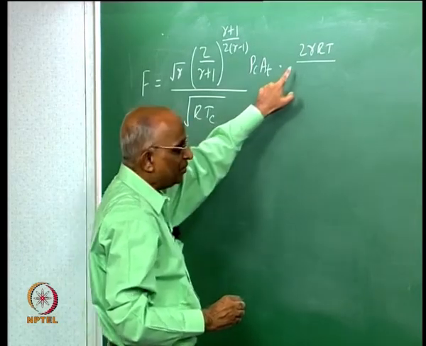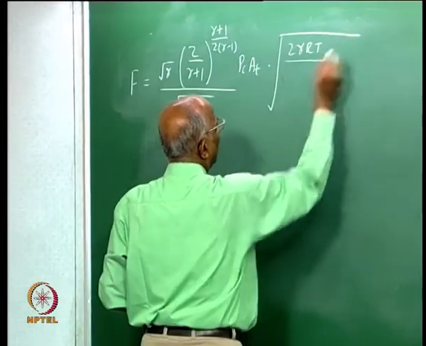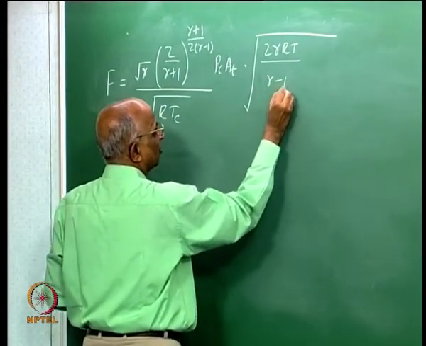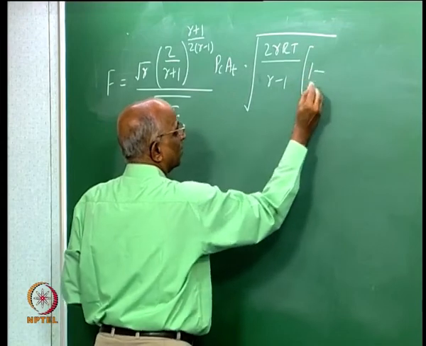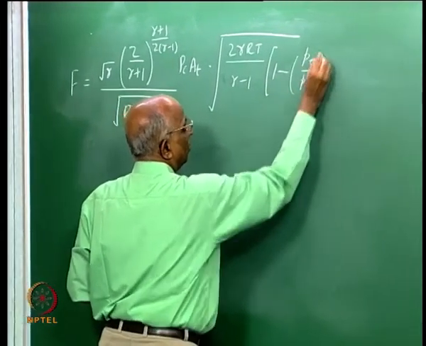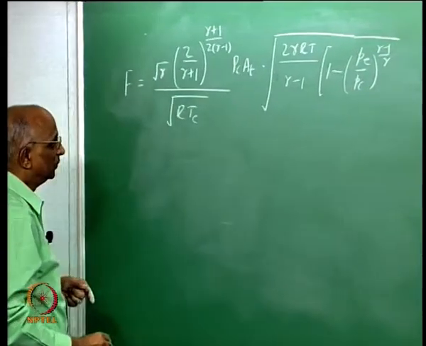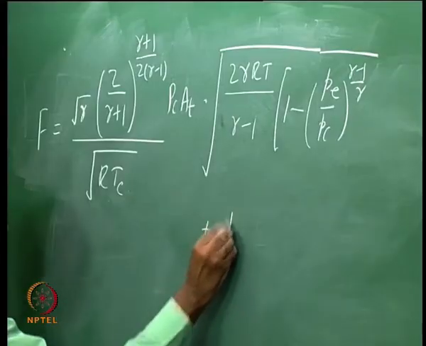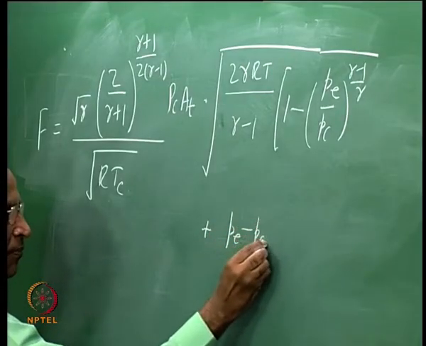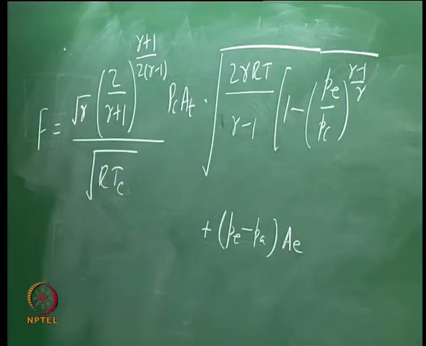What is the value of Vj? Vj is equal to under root 2 gamma RT divided by gamma minus 1 into 1 minus (Pe by Pc) to the power gamma minus 1 divided by gamma, and now you have plus (Pe minus Pa) divided by ... Ae.